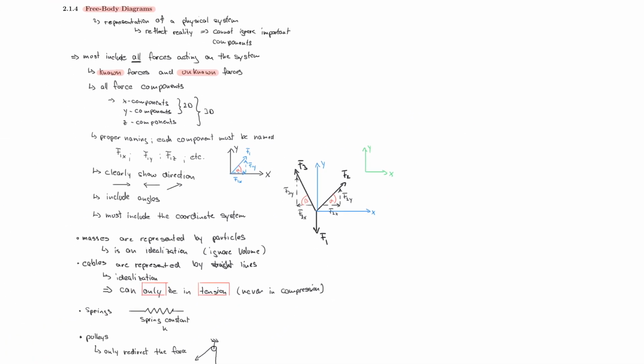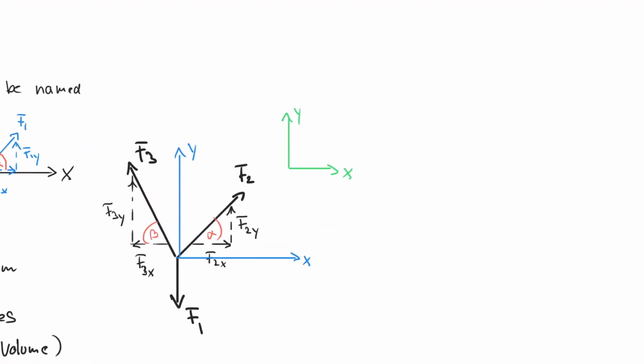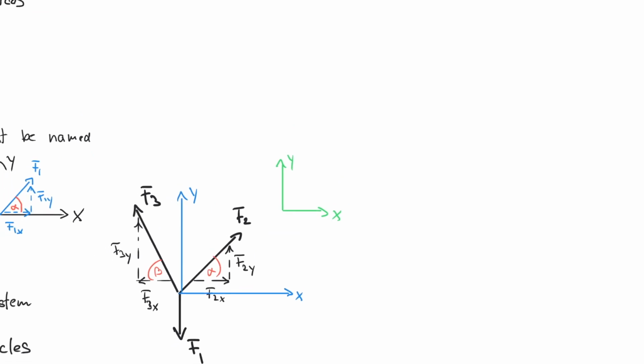All right, before we move on to actually apply all these rules and to make use of our free body diagrams and equilibrium conditions and equations, let's talk about one important thing that relates to these free body diagrams. And that is that it is actually an idealization. It represents the physical world, but it is not the physical world. So what do I mean by this? Often I see students actually dealing with this from a real life perspective.